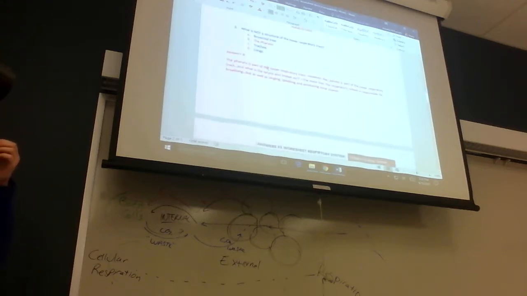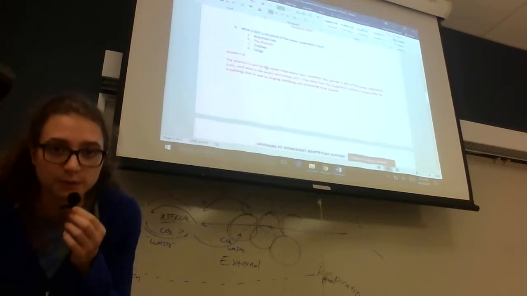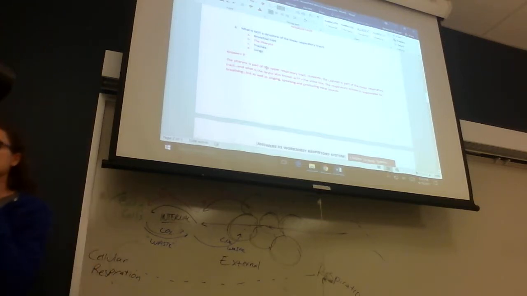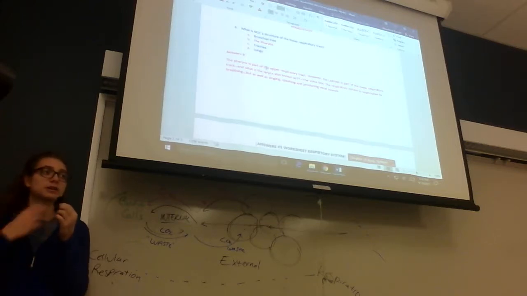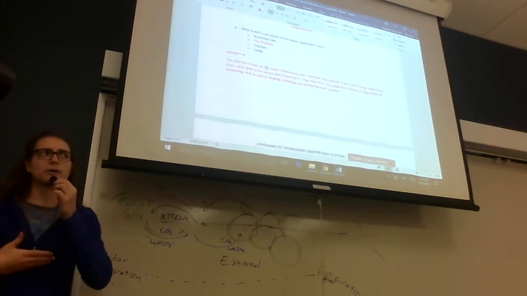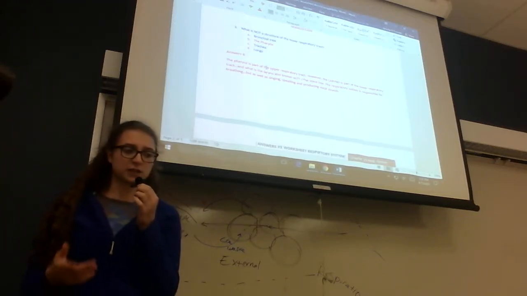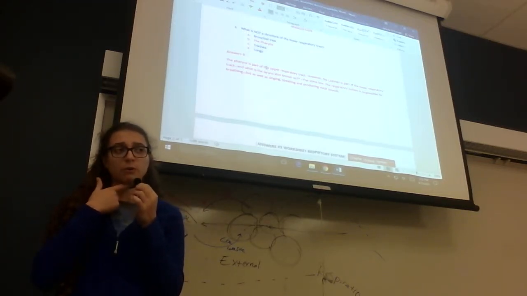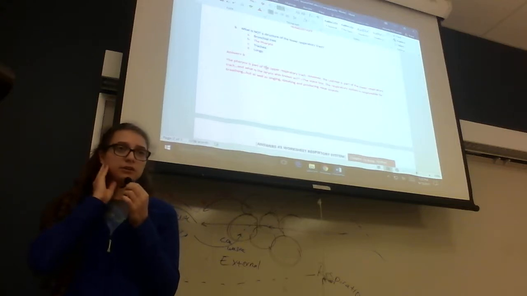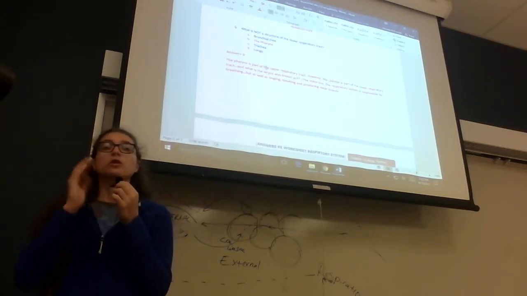Number 3 poses the question, I don't know if you can see it or not, but what is not a structure of the lower respiratory tract? And the answer to this is the pharynx. The pharynx is part of your upper respiratory tract. So how I think about it is if you were to have an upper respiratory infection, it would either be in your nose or your throat or in your ears area or your sinuses, right?